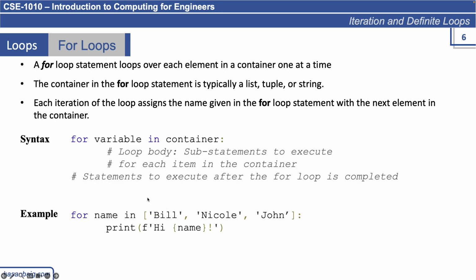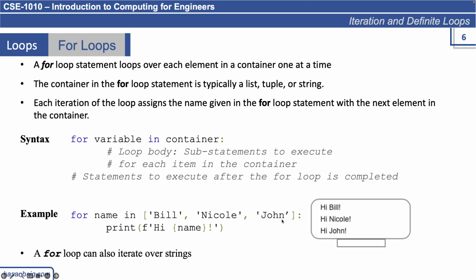Once this value is assigned to the variable name, we can use it. We are printing it here right now, but we can choose to do anything we want. So in the first iteration, Bill will be assigned to name, and then we are printing hi, name, which during the first iteration contains Bill. In the second iteration, the name variable will contain the value Nicole, and in the third iteration, it will contain the value John.